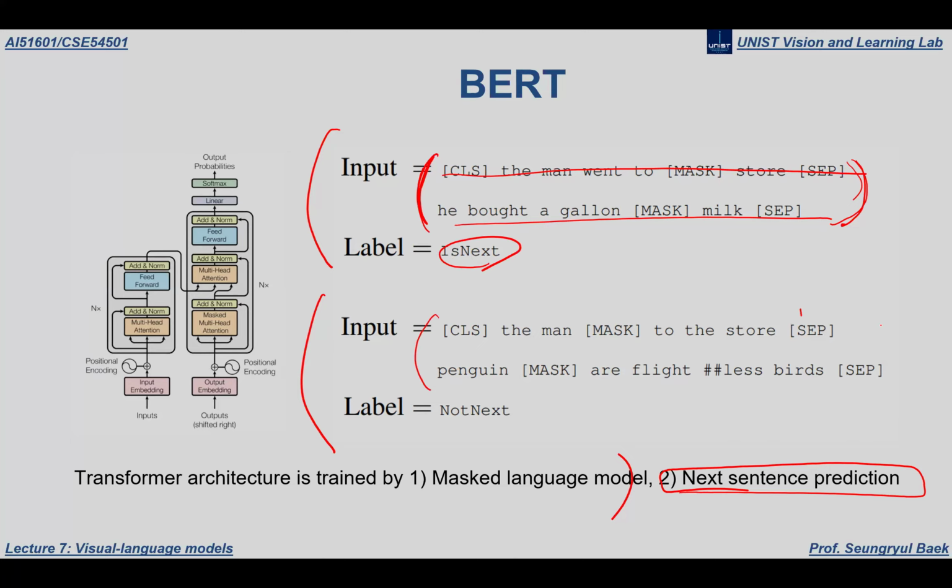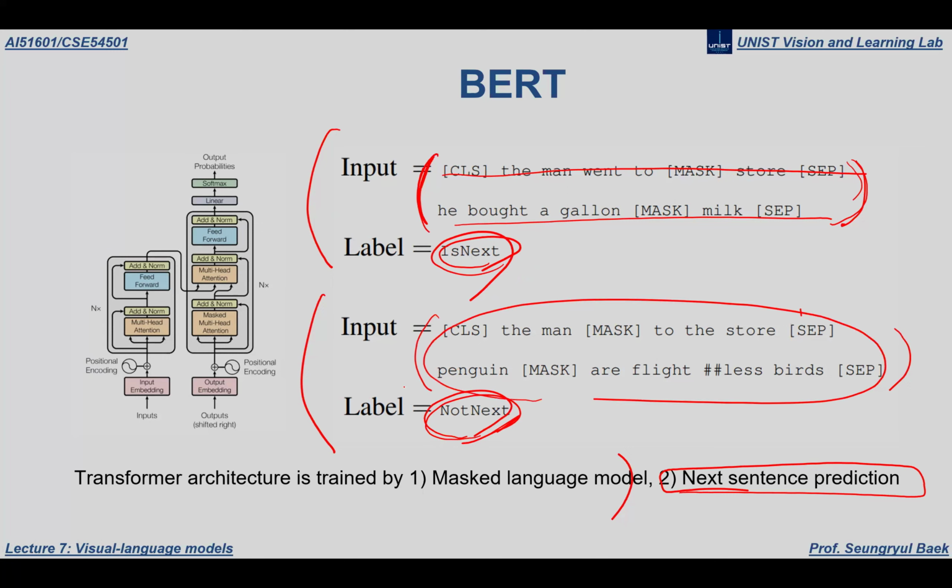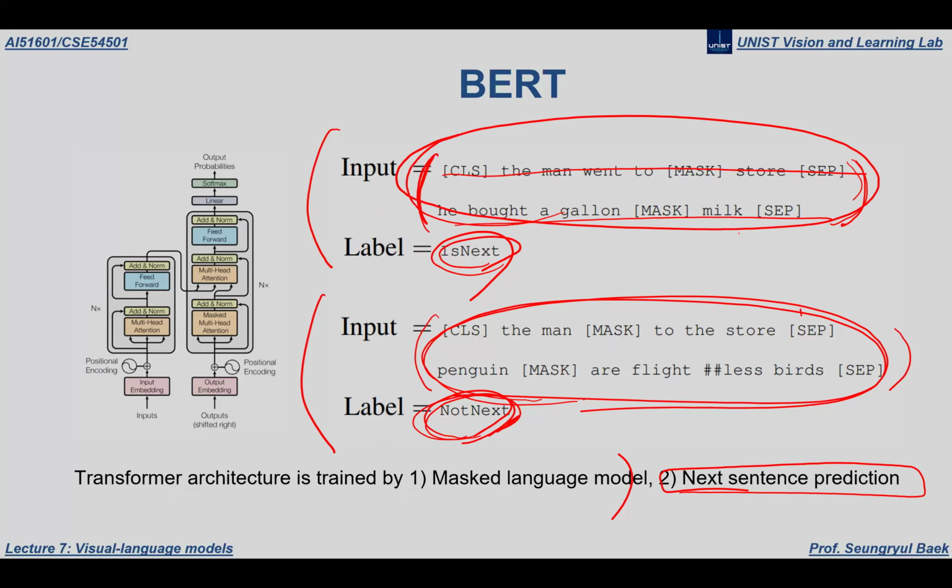But if these two sentences come from totally different paragraphs, then their label is not next. So this is a simple binary classification task. When inputting these two sentences, we predict not next, but when inputting these two sentences, we predict the is next class. This is the next sentence prediction task. Are you guys following this?